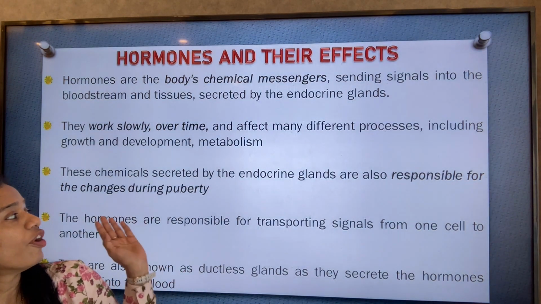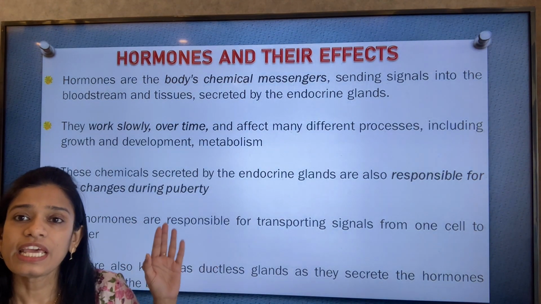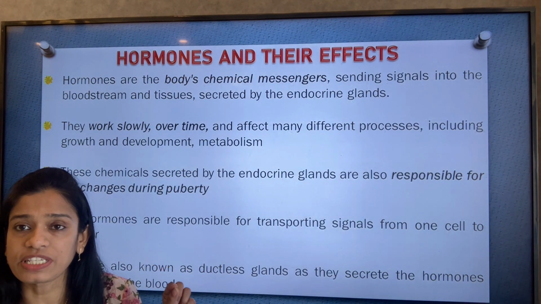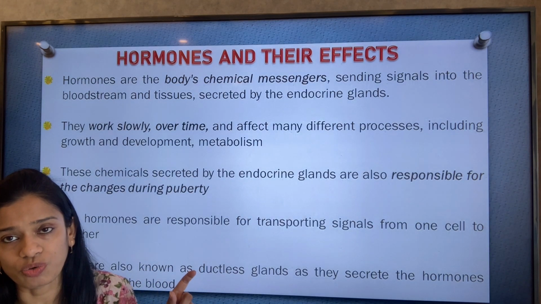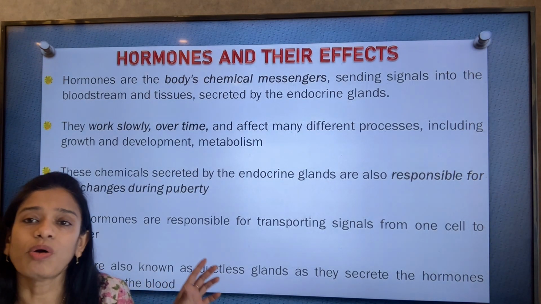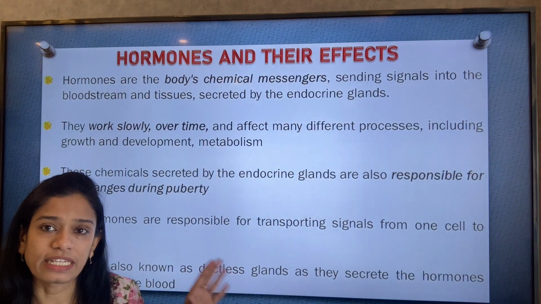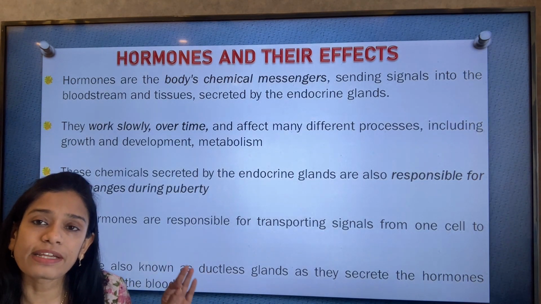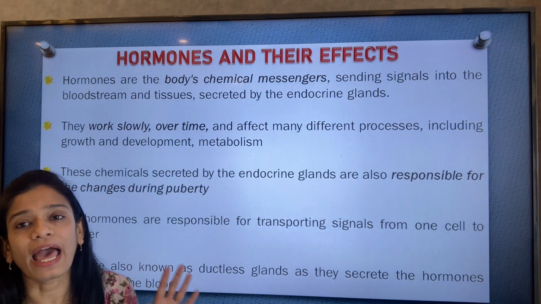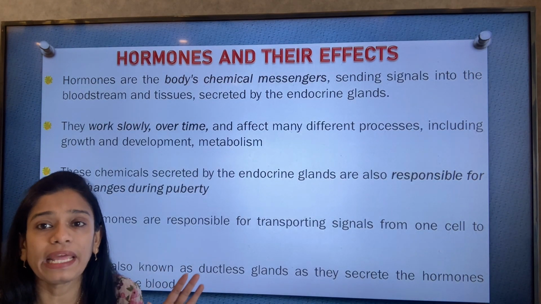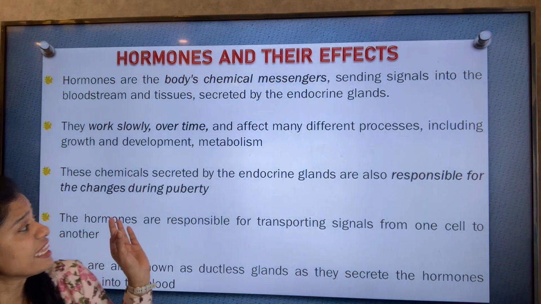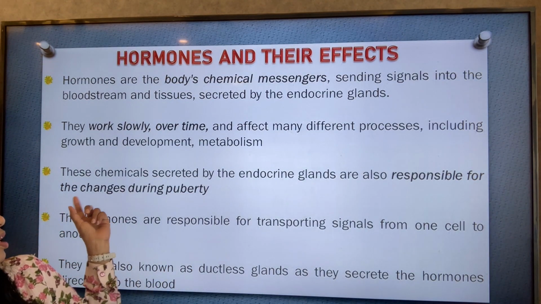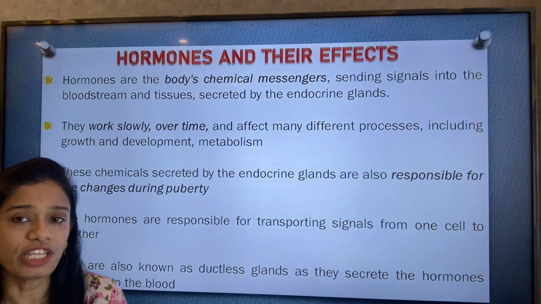Just like this, during the onset of puberty, the hormones that are secreted play a very important role. We have just discussed the female sex hormone, estrogen, and the male sex hormone, testosterone, secreted by girls and boys, and they have a very important part to play during the age of adolescence.